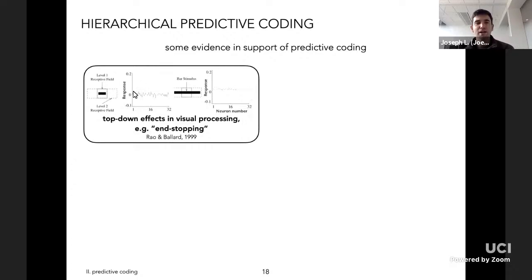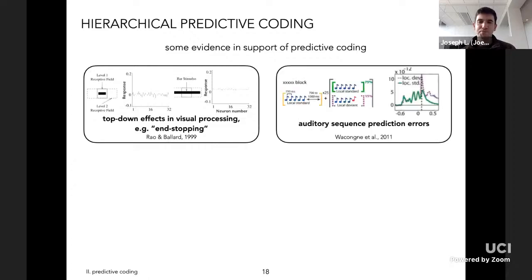Even though the response profile for this neuron doesn't include anything outside of its receptive field, if you have things outside of that receptive field, you can get a top-down effect where you silence what's going on. You can possibly think of this as silencing a prediction error. You wouldn't normally expect to see a small bar, but if you see a larger bar, that can suppress any errors that would arise from seeing just the small bar.